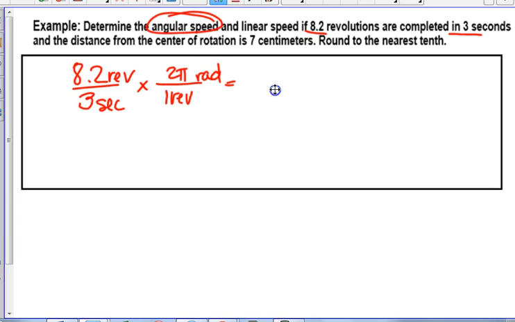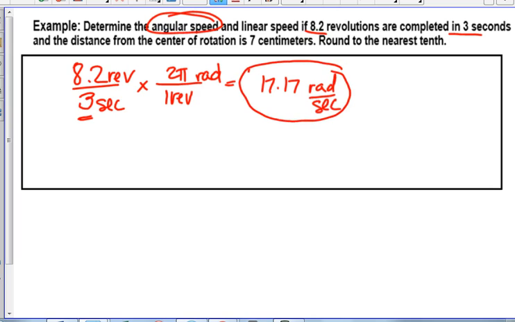So 8.2 times 2 times pi, and divided by what? There's a 3 down here, so we've got to divide it by 3. It helps if you turn the calculator on. 8.2 times 2 times pi divided by 3. I multiplied the pi in, sorry. 17.17 radians per second. Now look at their answer. Did they have that somewhere?